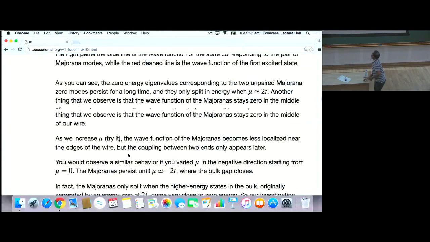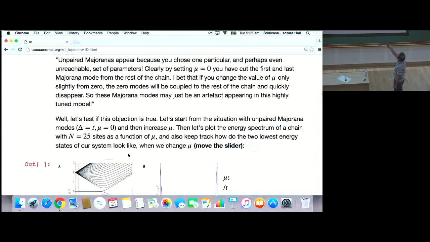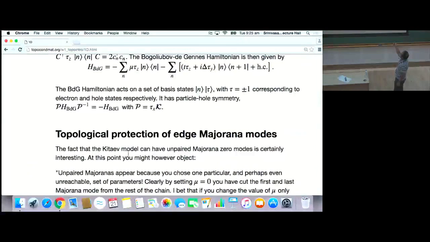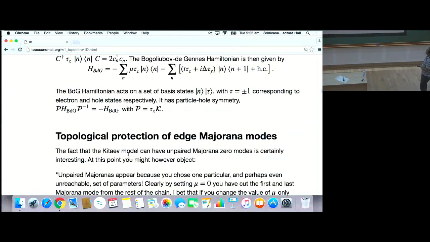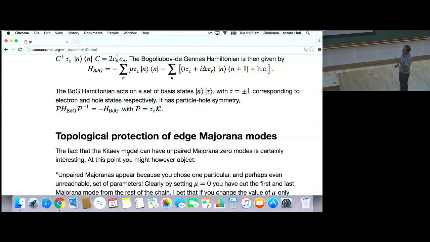So yes, this was our Bogoliubov-de Gennes Hamiltonian. One thing: n represents the sites, and tau represents the particle and hole index on each site. Remember, there was a spinor on each site, Cn dagger.